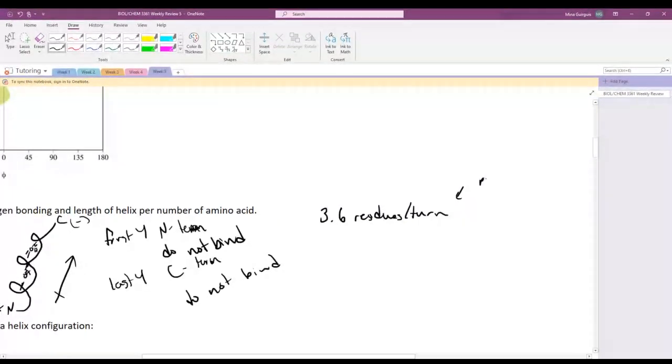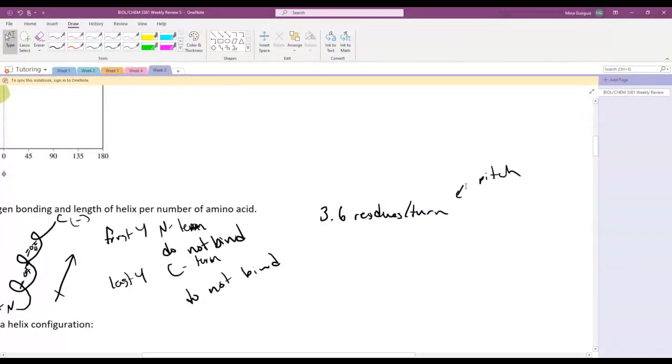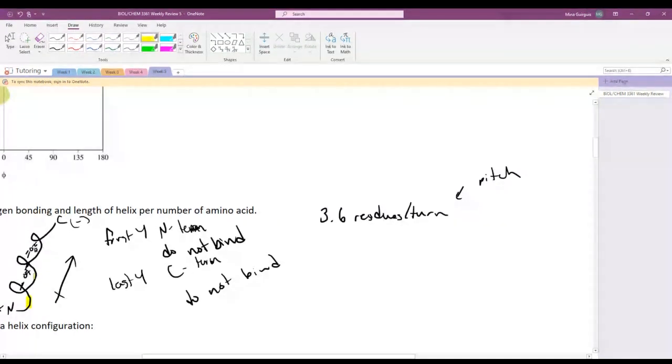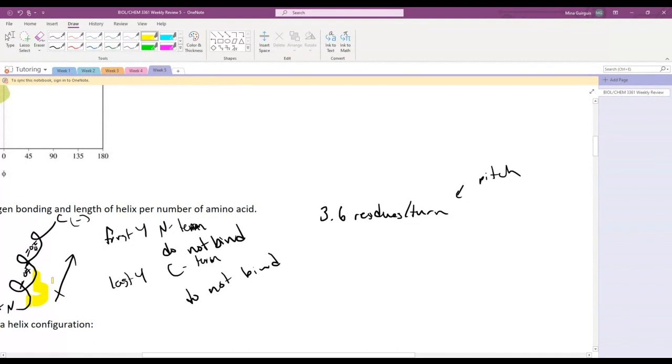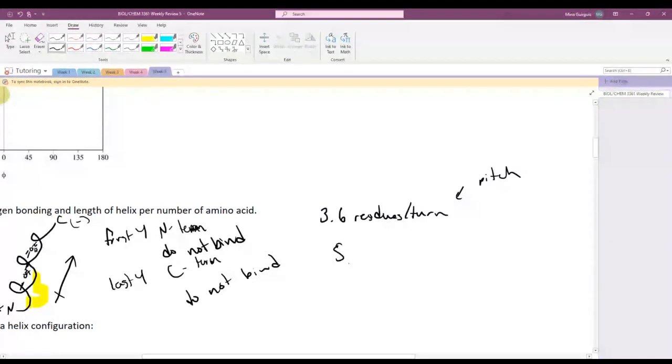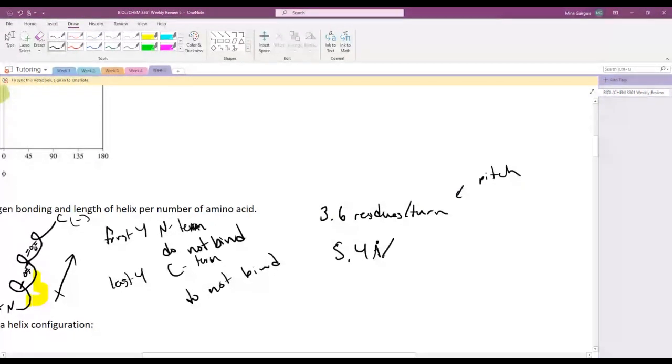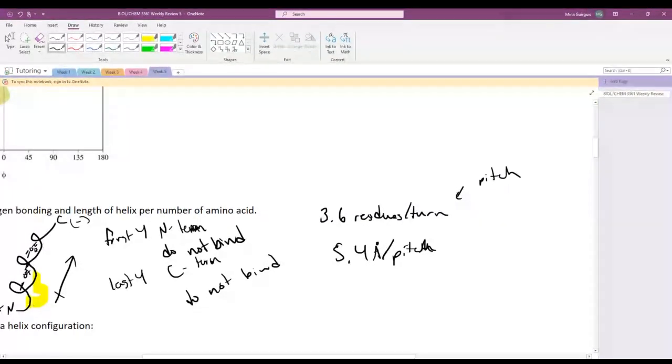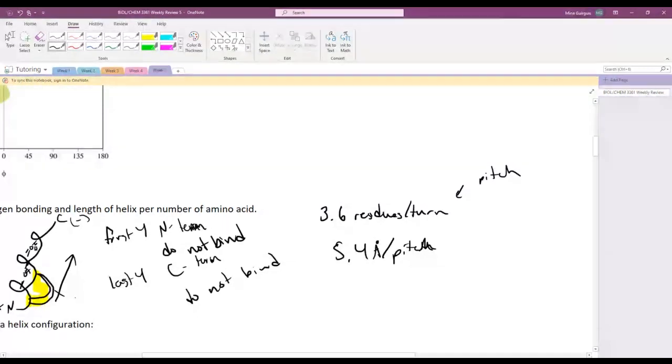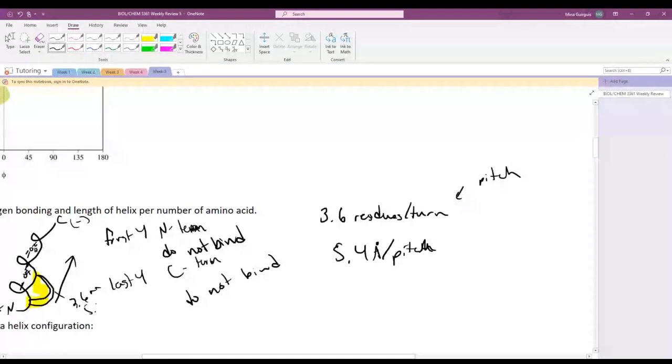Turn is also called pitch, and it's basically from this position of the helix to the same position one loop later, okay? And then finally, because we need to get the measurements in, it's also 5.4 angstroms per pitch. So this height over here is 3.6 amino acids, and it's 5.4 angstroms.